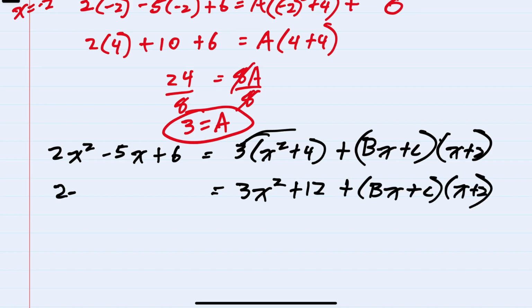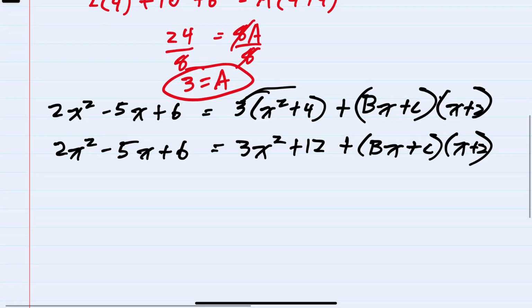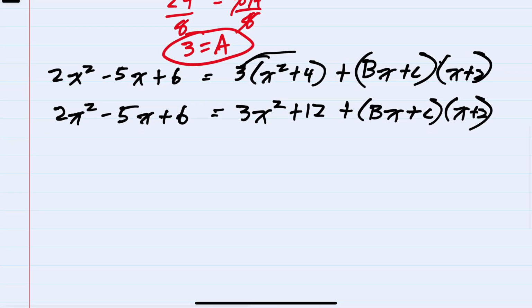On the right-hand side, I still have the 2x squared minus 5x plus 6. And I can continue to isolate my unknown variables here by subtracting the 3x squared over to the other side and subtracting the 12 over to the other side.